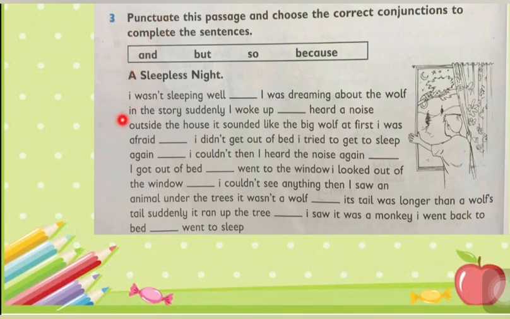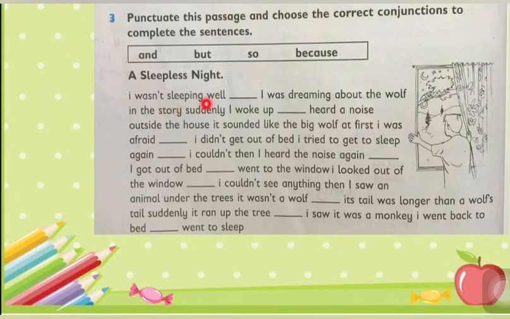You have to put capital I here. Again, small i. I is always capital. So wherever you will see this small i, you have to make it capital. Here, here, here and here. Everywhere you have to turn it to capital. Is it clear? Now let's start putting up conjunctions.